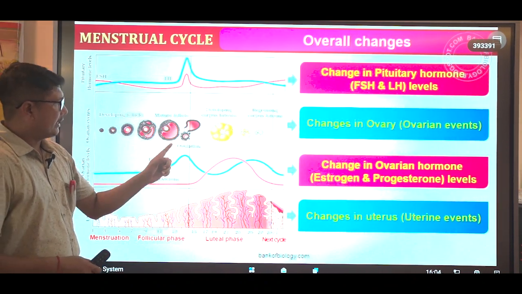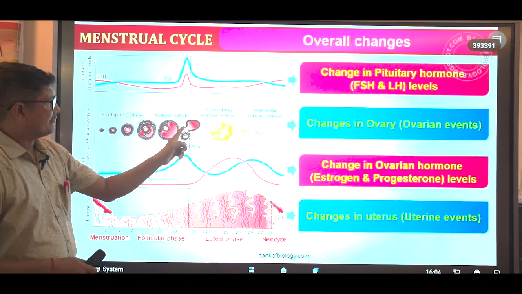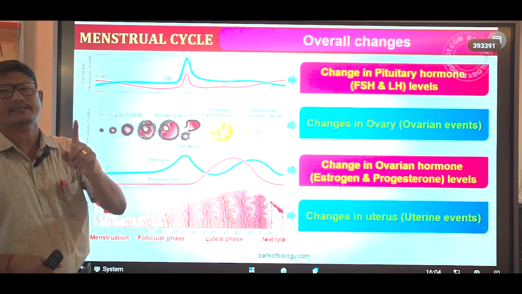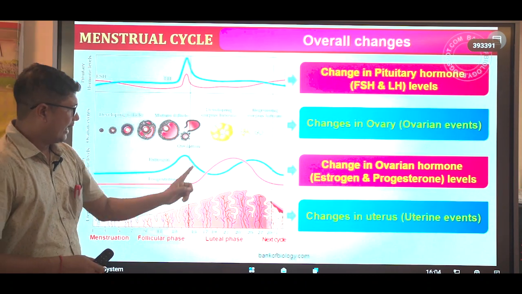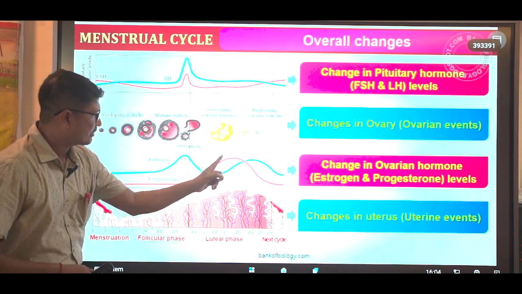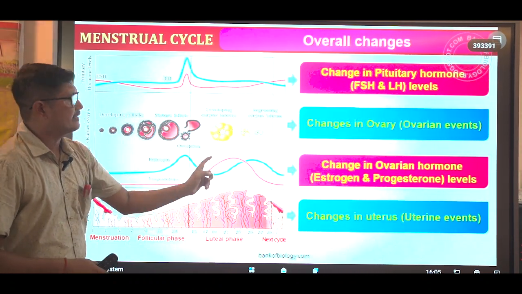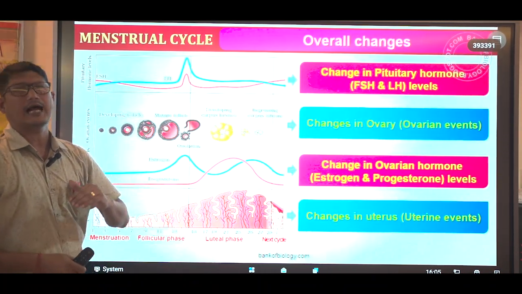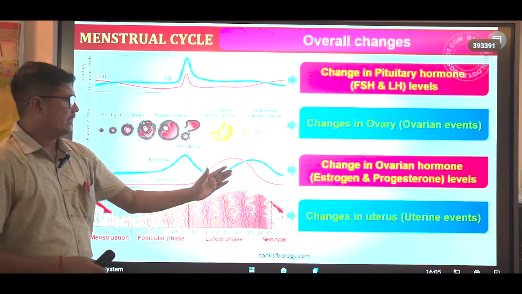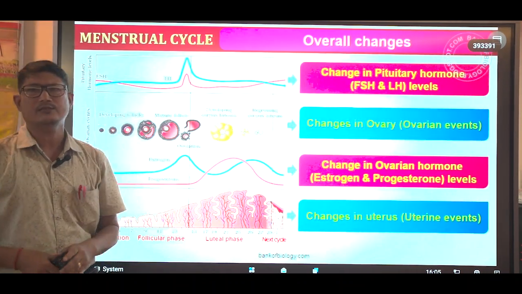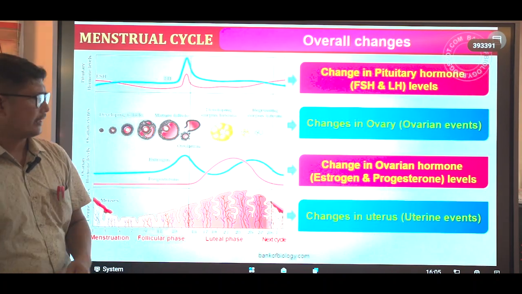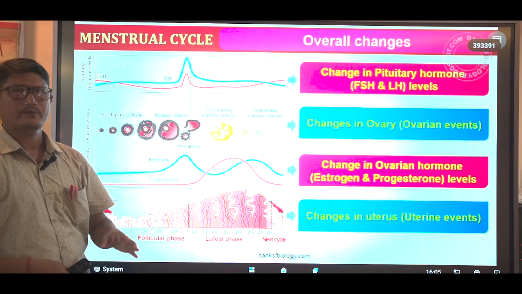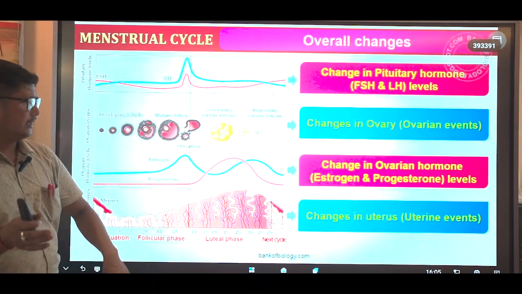After that, the remaining part of the Graafian follicle transforms into the corpus luteum, and the corpus luteum starts synthesizing the progesterone hormone, and you can see the secretion of progesterone is increased and reaches its peak. During that time the endometrium lining is highly developed, and if there is no pregnancy, then it results in the beginning of the second menstrual cycle immediately around 28 or 29 days. So this is the menstrual cycle in a nutshell.